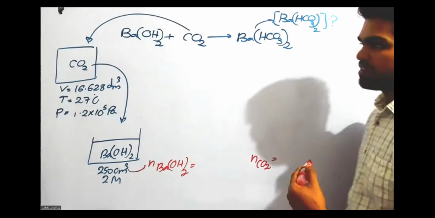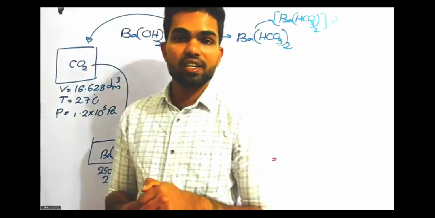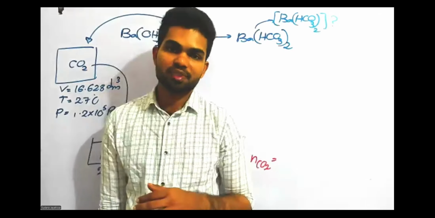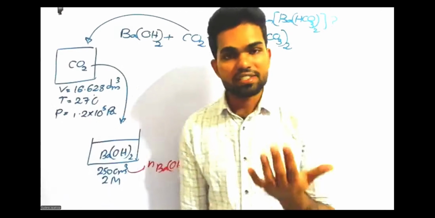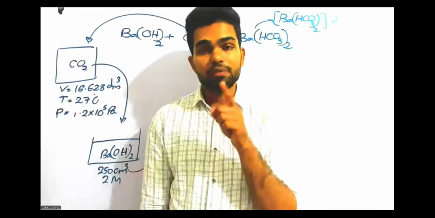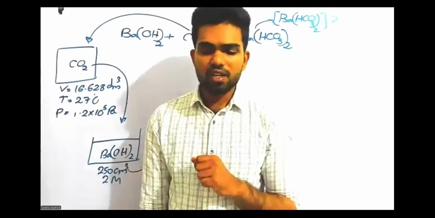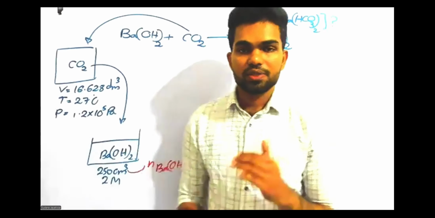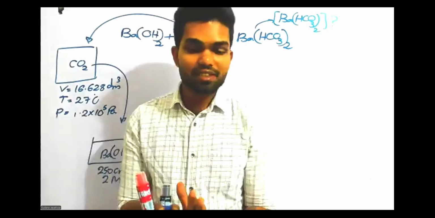So when you are given data regarding two reactants, you need to decide which one is going to completely react. You just can't look at it and say so. First you have to balance the reaction, then you have to apply that mole data, and you have to compare that ratio and decide which one is going to completely react. So let's do the first and most important thing, which is balancing the reaction.